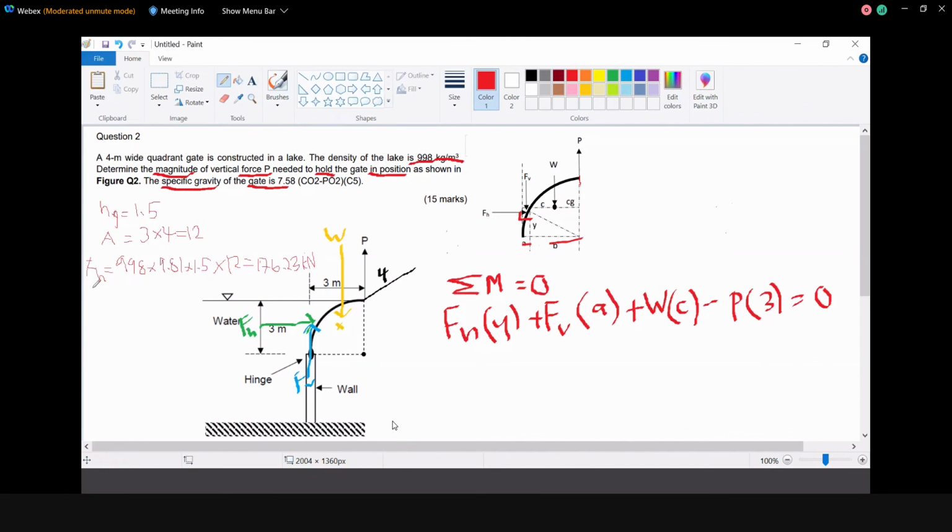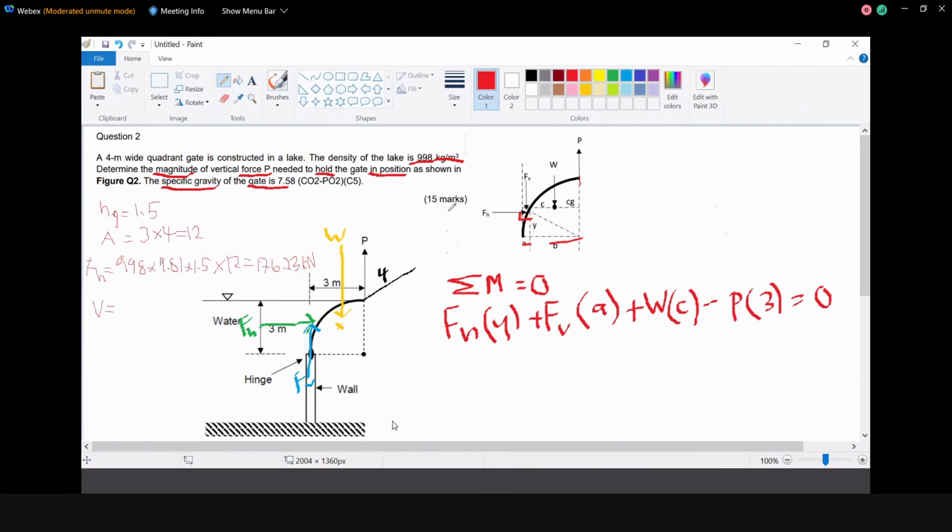So, FV, you should know the volume kan? So, volume. Okay, volume ni pandang daripada bawah. So, you takkan nampak semicircle ni.